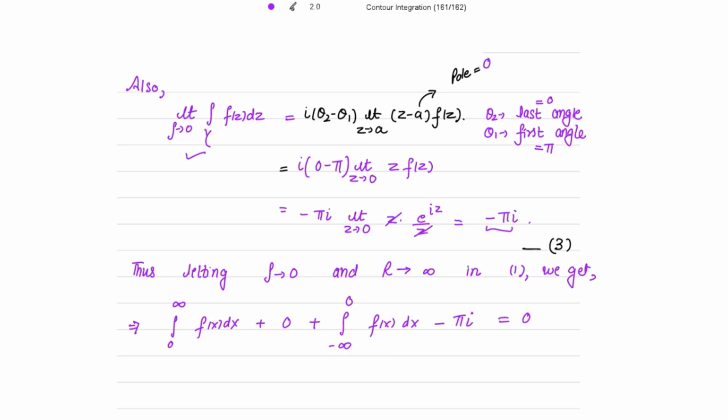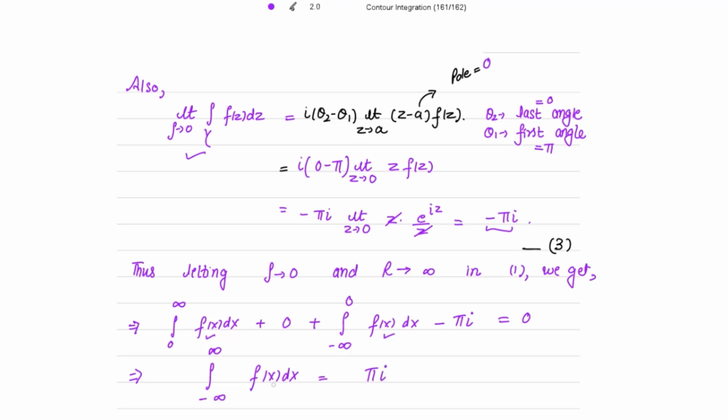This is equal to 0. So this implies, can I write it as, because this is f x, I am merging these two. So this is minus infinity to infinity f of x dx is equal to, taking this pi iota to the other side, pi iota.